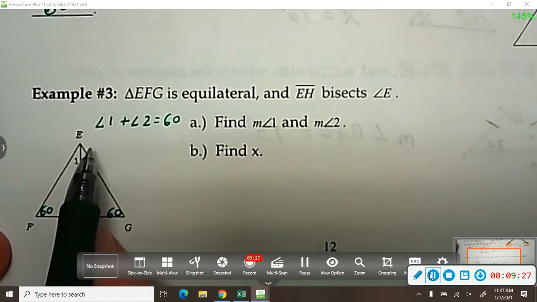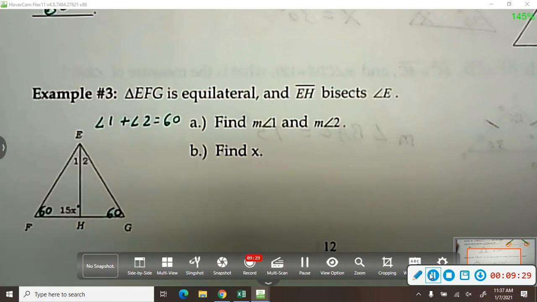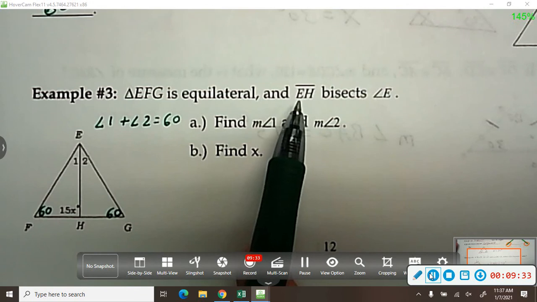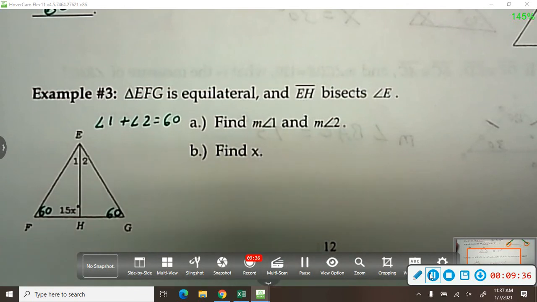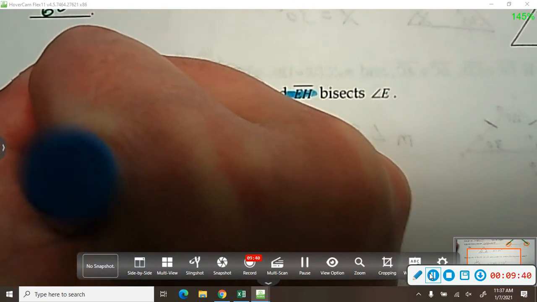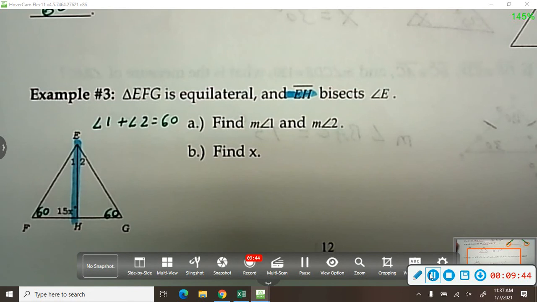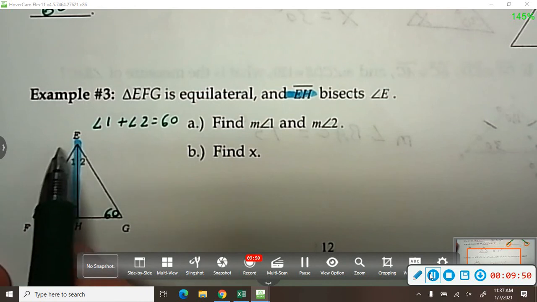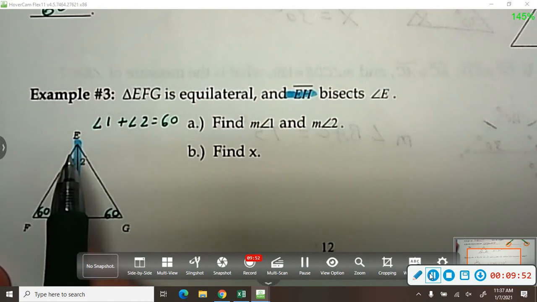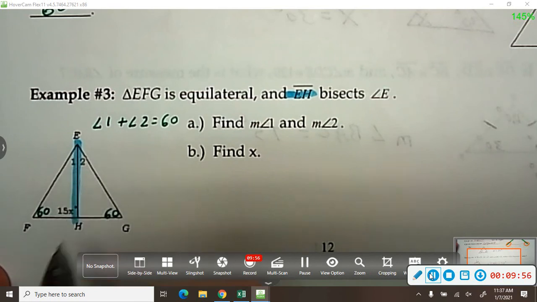They also tell me that EH, so EH would be right here, bisects angle E. Well, if you bisect an angle, that means it makes both angles the same. So if this whole thing is 60 and it bisects it and cuts it in half, then that would make this 30 and that would make that 30.